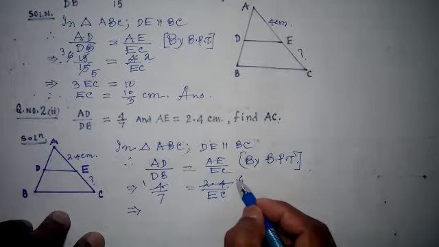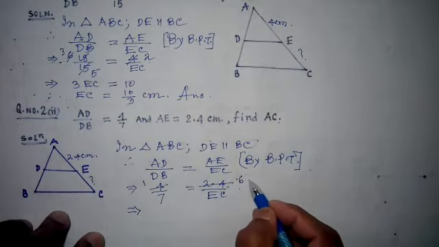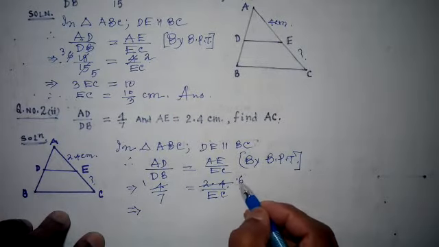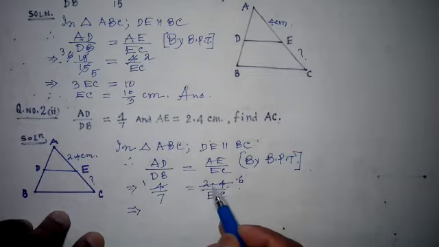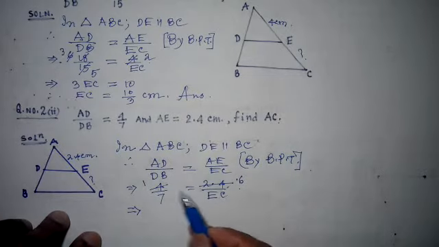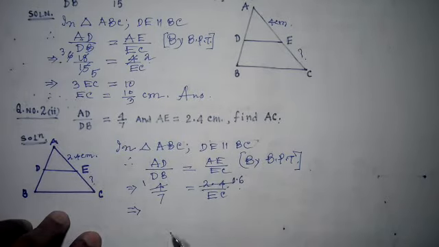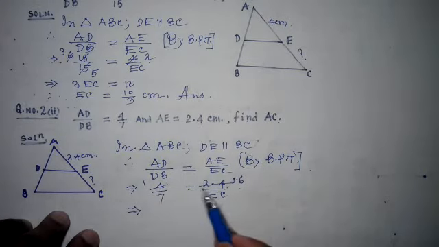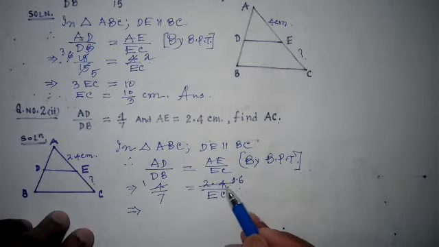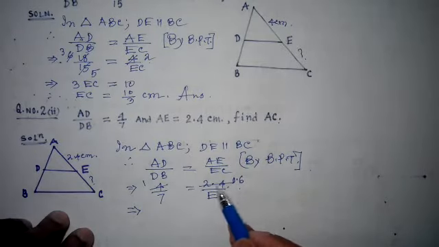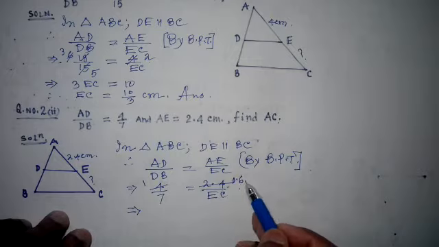So before 6 we can put a point. So when we cancel 2.4 by 4, it is 0.6.